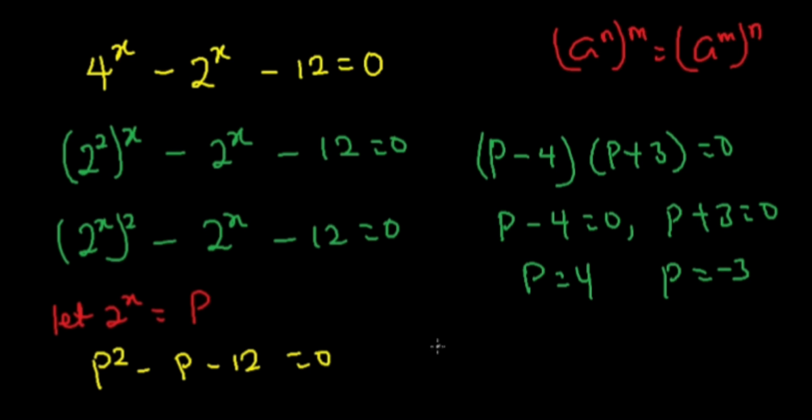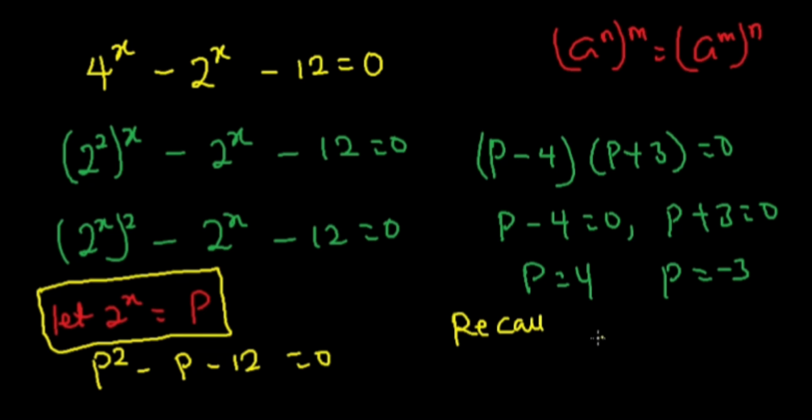But this is not our final answer because we have already noted that p is 2 raised to power x. So what we need to do is to recall that p is 2 raised to power x, and we know that p is 4, as well as p is minus 3.